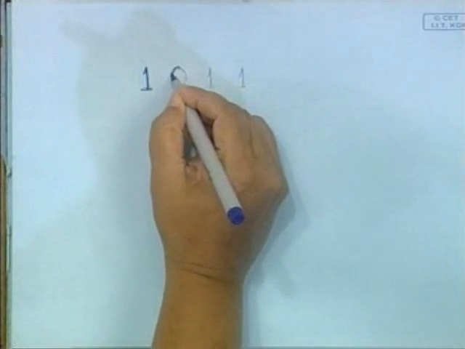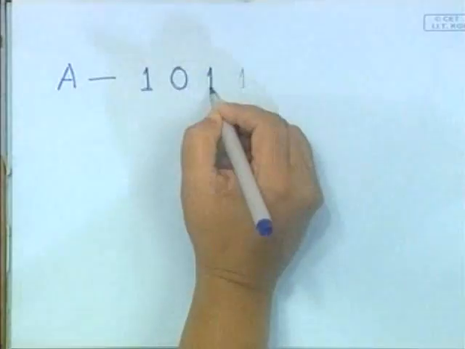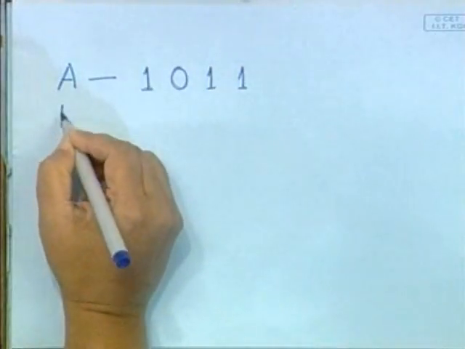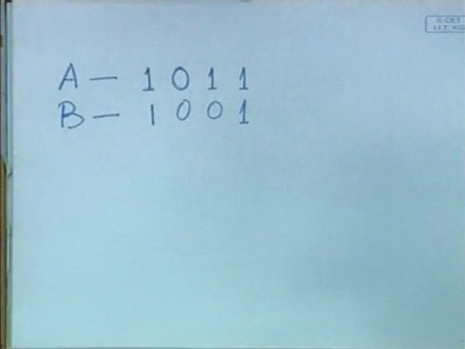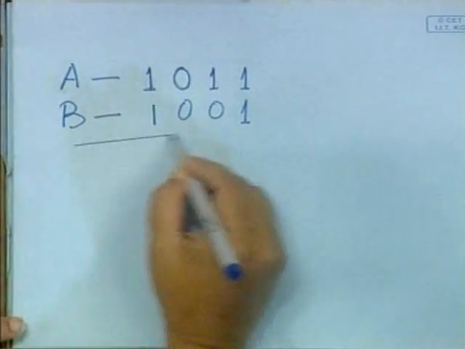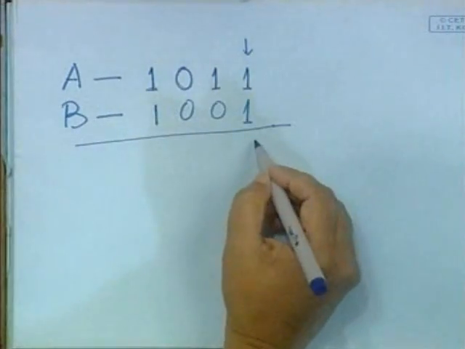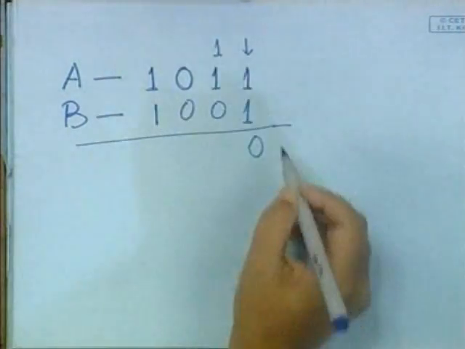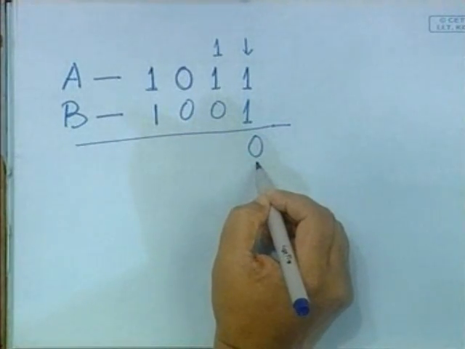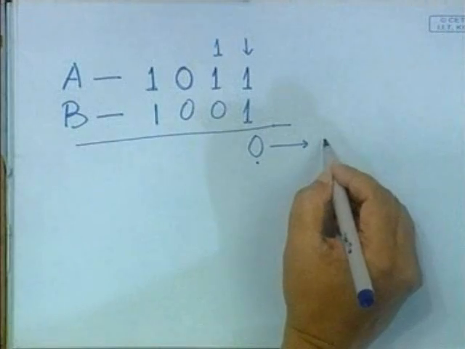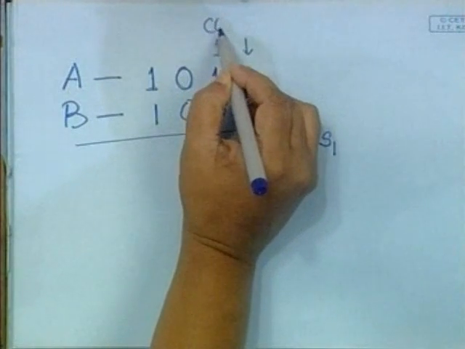I have a number A which is 1011, a 4-bit number, and another operand B, say 1001. If I add, what will happen? For the first bit, 1 plus 1 is 0 with carry 1. So for the first module, there are two outputs: this is my S1 and this is my carry out CO1.